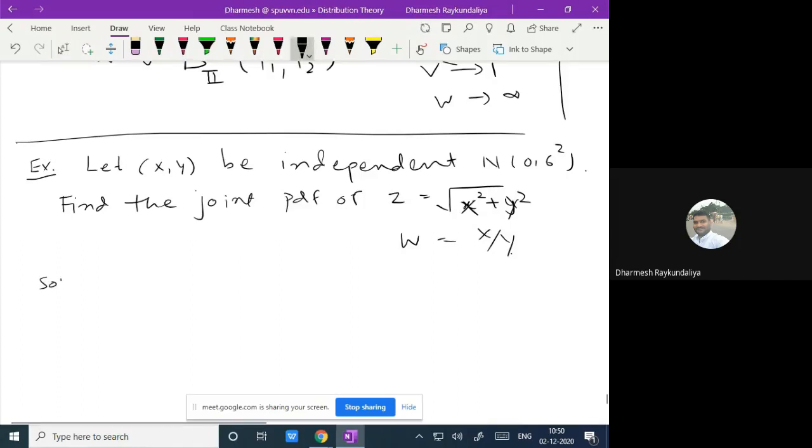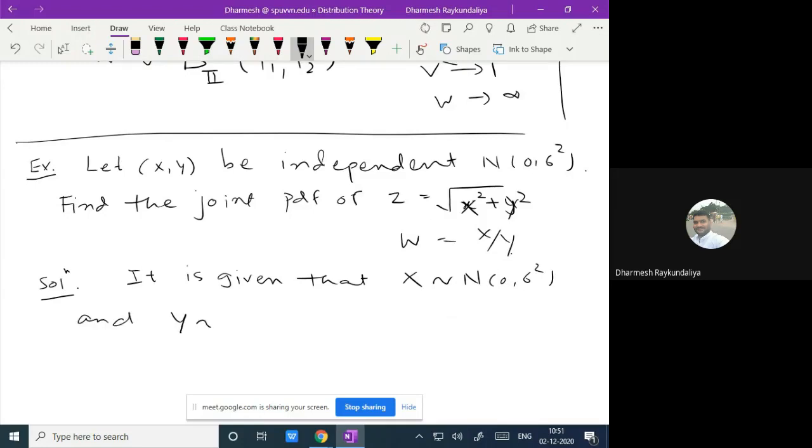So they asked that obtain the joint PDF of this. So what is given in the solution? It is given that X is normal 0, sigma square and Y is also normal 0, sigma square.